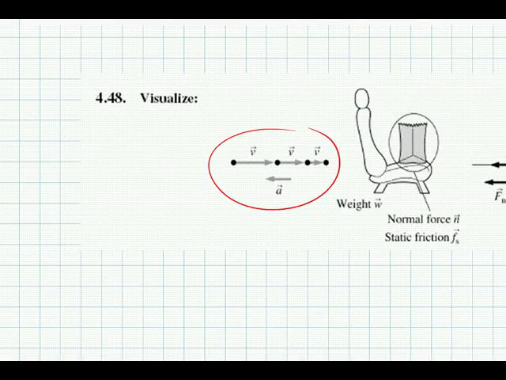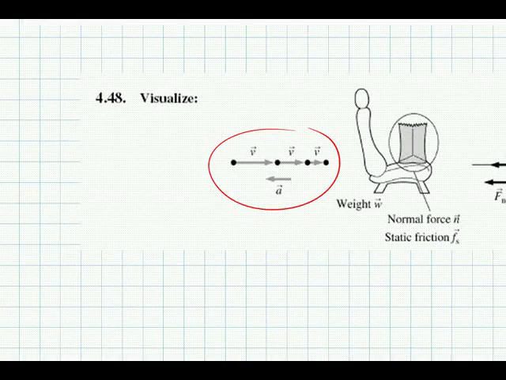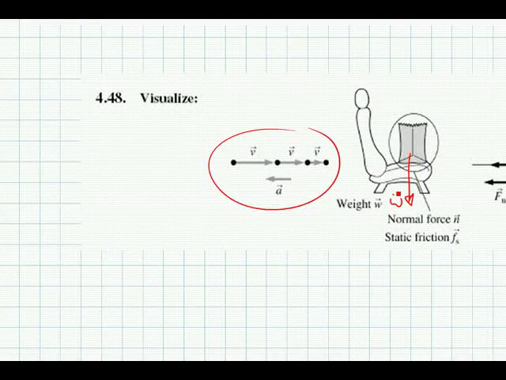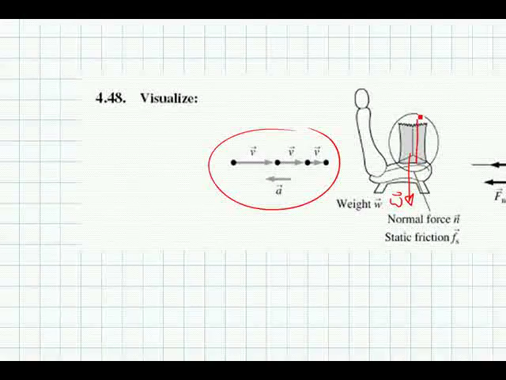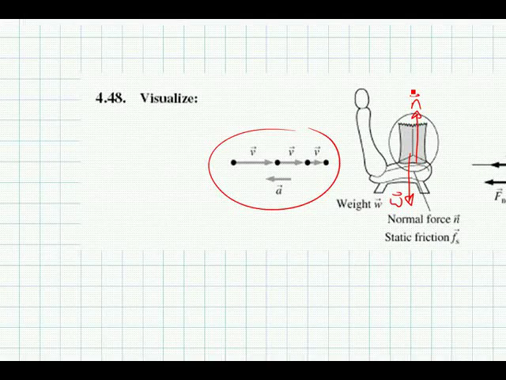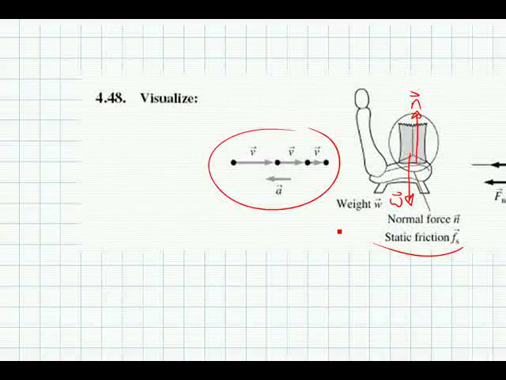So how do we go about doing a free body diagram here? We've drawn the boundary around the bag of groceries. Our forces, well, there's weight, which is acting down. There is normal force between the bag and the car seat, which is acting in the up direction, and of course our friend static friction.